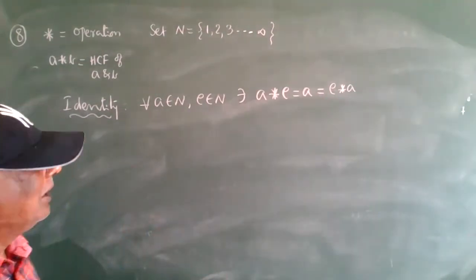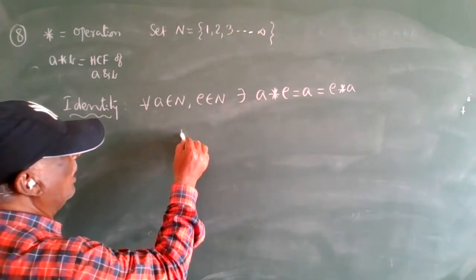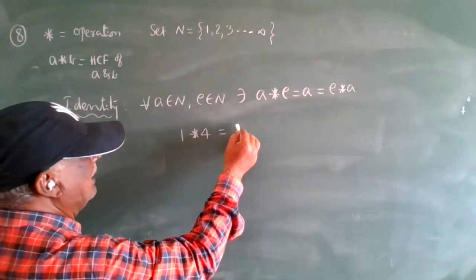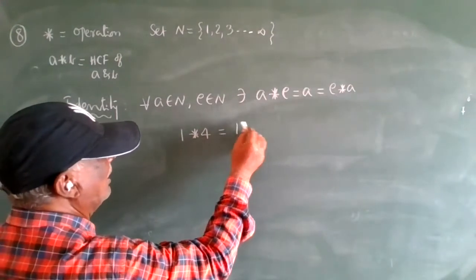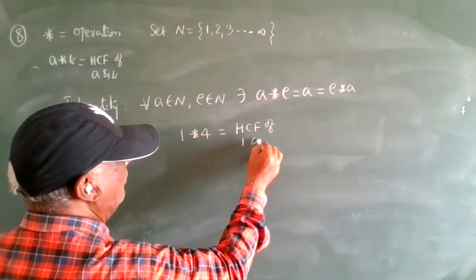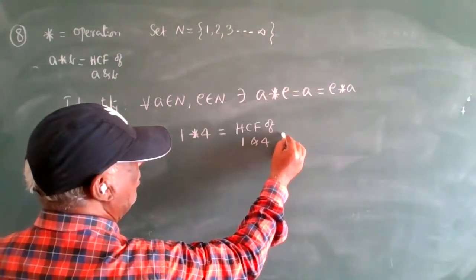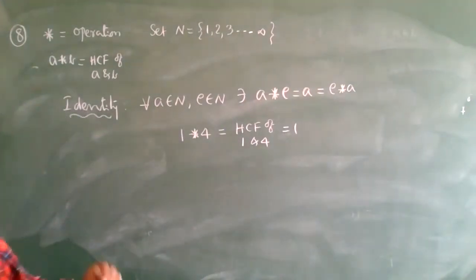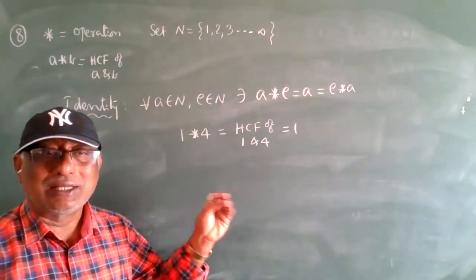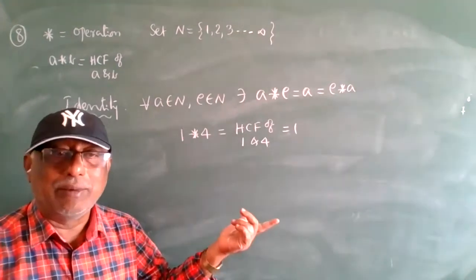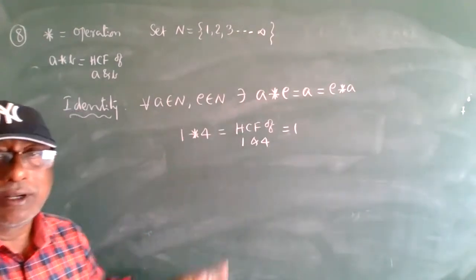For example, I will take 1 star 4, HCF of 1 and 4 is equal to 1. This is the correct one. 1 star 2 is 1, 1 star 3 is 1, 1 star 5 is 1. But another element we can take.